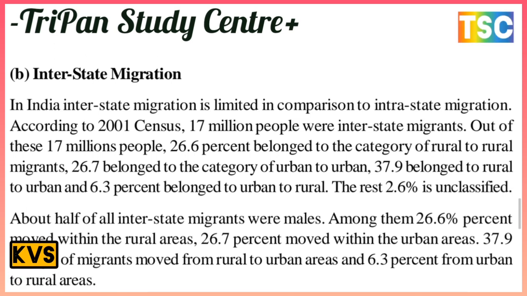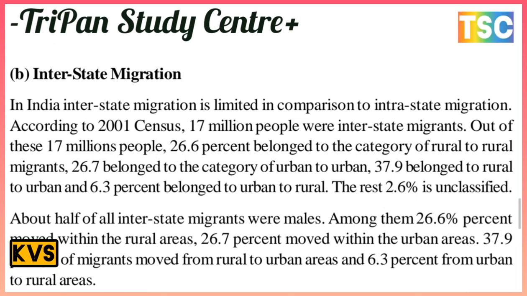Out of these 17 million people, 26.6% belong to the category of rural to rural migrants, 26.7% belong to urban to urban, 37.9% belong to rural to urban, and 6.3% belong to urban to rural. The rest, 2.6%, is unclassified.